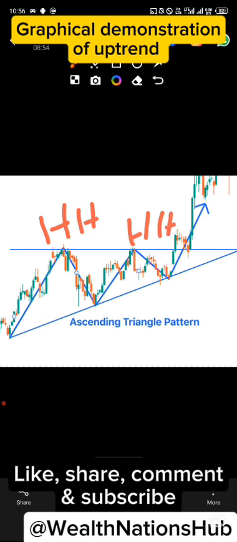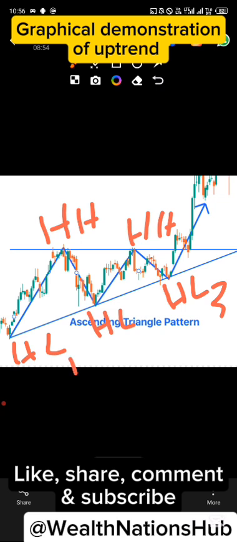Higher high 2 is a little bit taller than higher high 1. But if you look at the first higher low and the second higher low, the second higher low is far higher than the first higher low, and more so the third higher low, which is far higher than the first higher low. So this is one of the things that signifies the top of the uptrend.